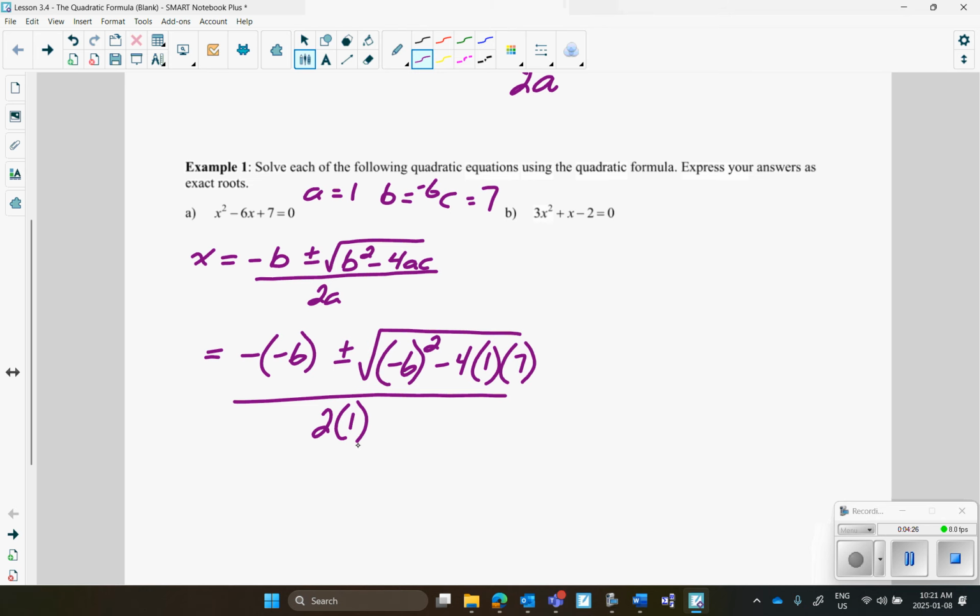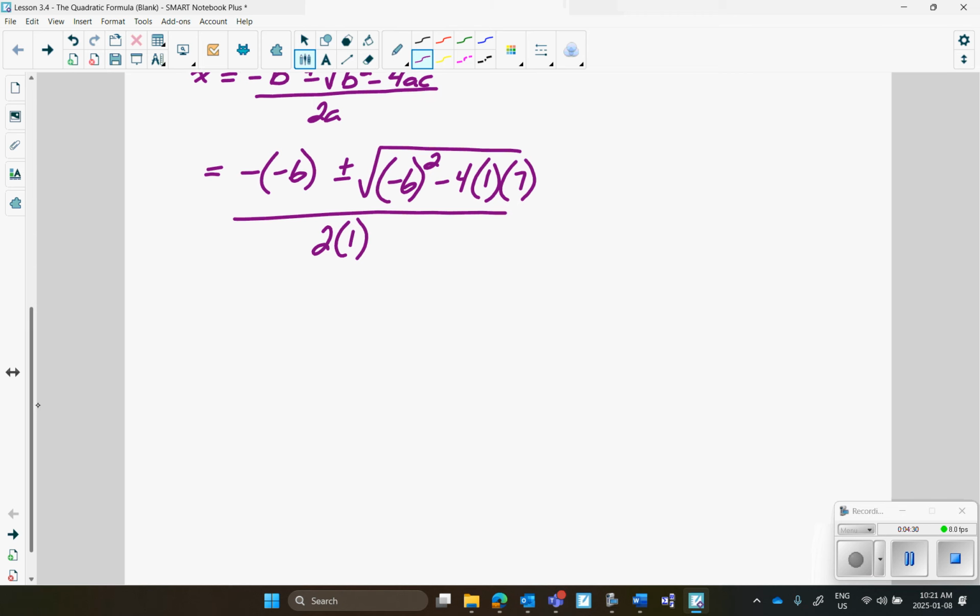And then we just simplify this as much as we can. Well, negative negative 6 becomes plus 6. What about negative 6 all squared? 36, minus 4 times 1 times 7, which is 28, divided by 2.